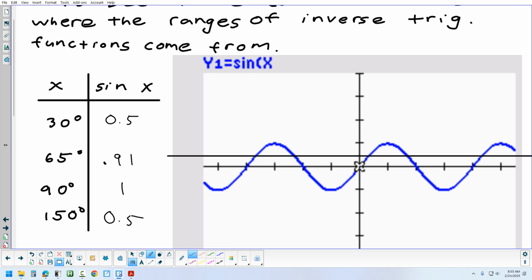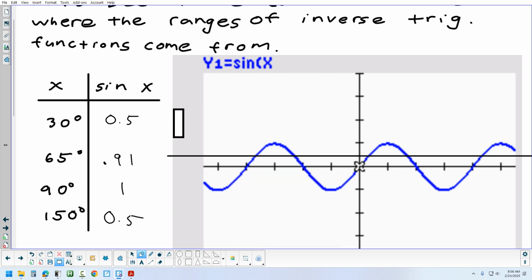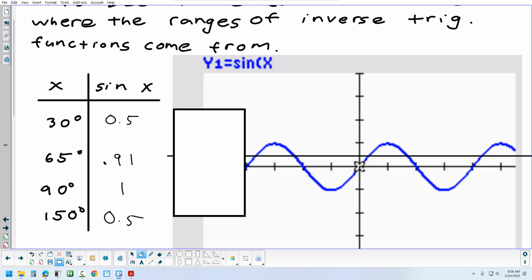So let me make kind of a window here. Let's go like that. Oh. Might run out of paper.